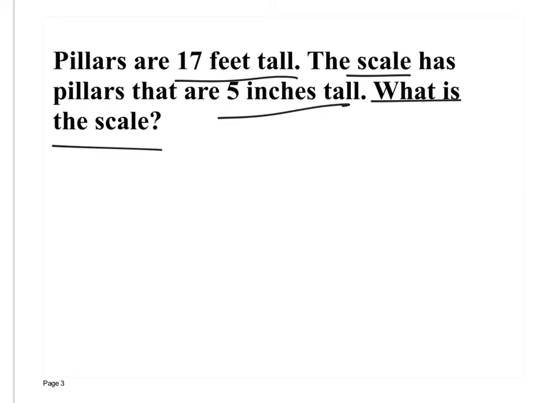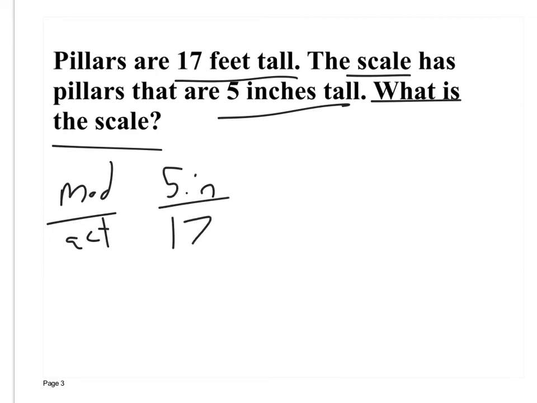It says pillars are 17 feet tall. The scale has pillars that are 5 inches tall. So the model is 5 inches tall. The actual one is 17 feet tall. So let's do model over actual. The model is 5 inches. The actual is 17 feet. I need to set up a scale, so it's going to be 1 over a number, so 1 over x.